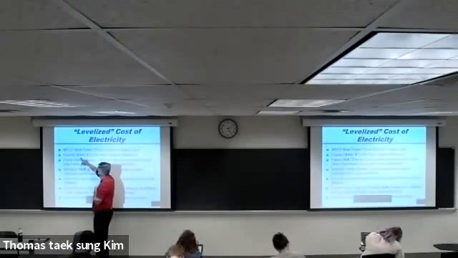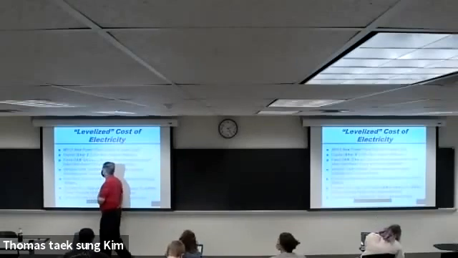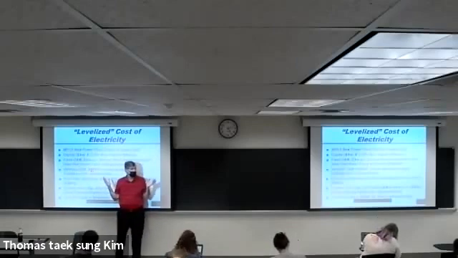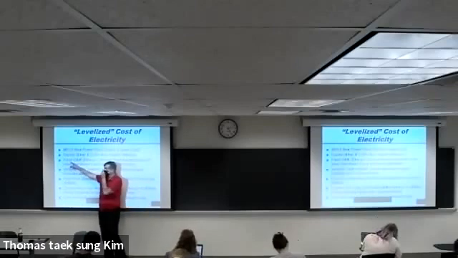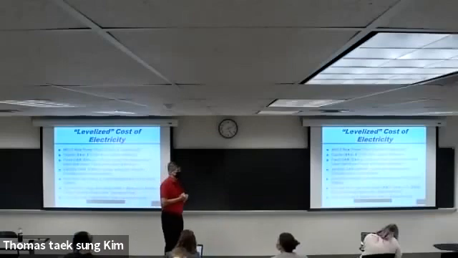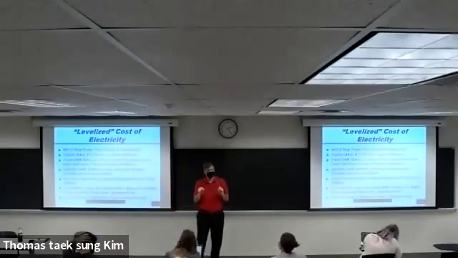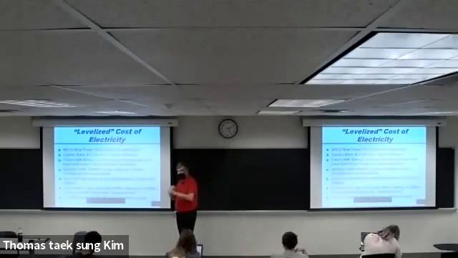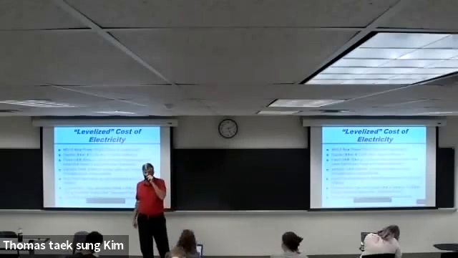So that's capital. The next thing you have is O&M, which stands for operating and maintenance costs. And there are two types of O&M. There's fixed O&M, and it doesn't mean that it never varies. It means that it's fixed relative to how much the plant is operating.